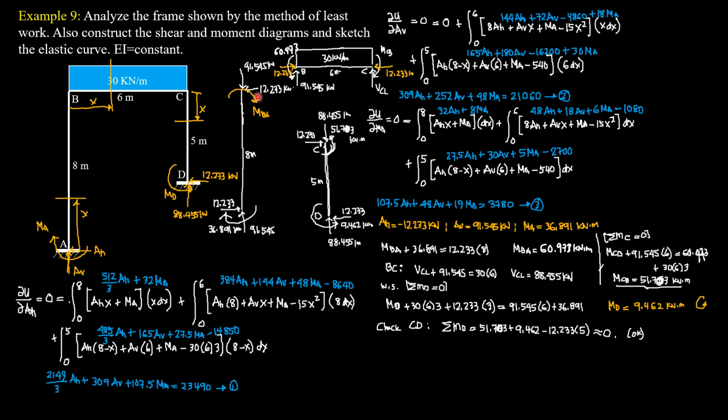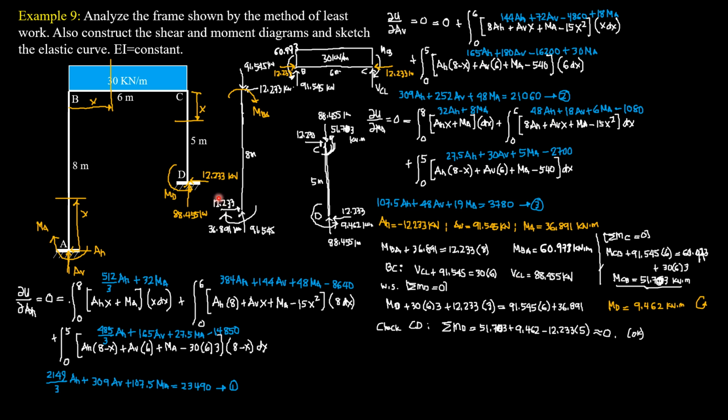So again, MBA plus 36.891 equals 12.233 times 8. And we'll get MBA to be 60.973 kilonewton meter. And that's the correct direction, so it is clockwise.